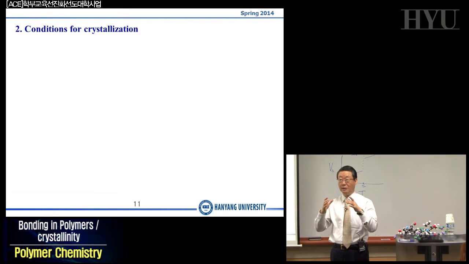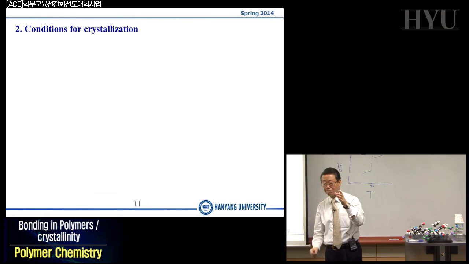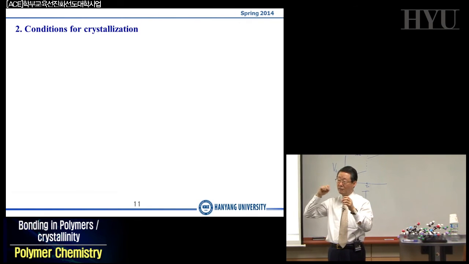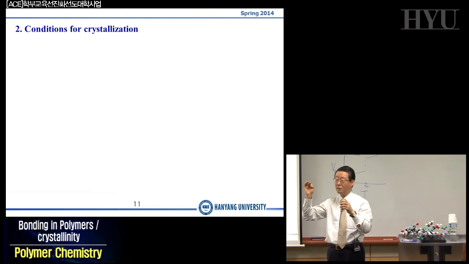Or we have a floating method, which means that in the density gradient column, we have a big tube, a big tank, filled up with liquids such as chloroform or tetrachloromethane, which is a very high density material, and by floating calibrated glass material or metal material with known density, you can calibrate those density columns.